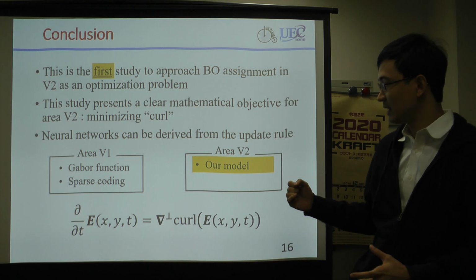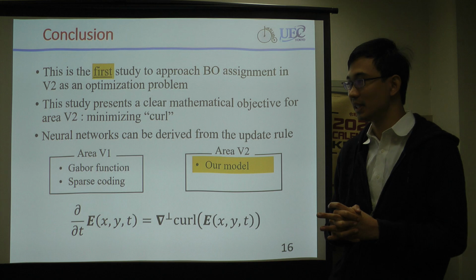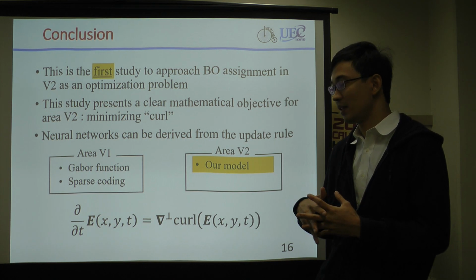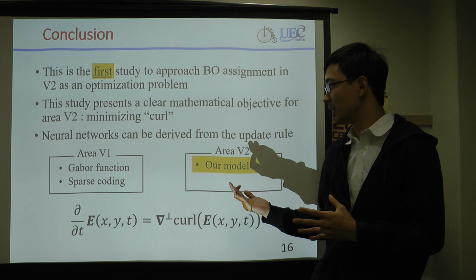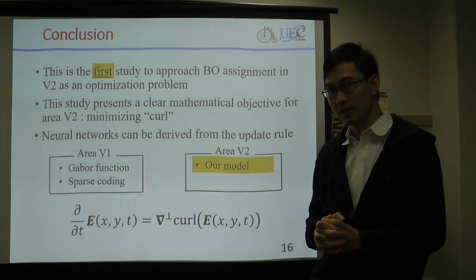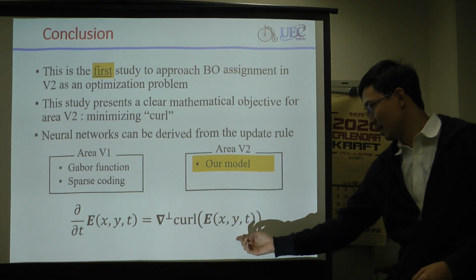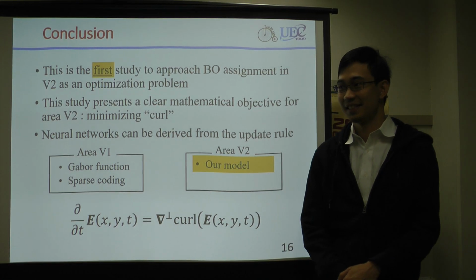The advantage is that our model presents a clear mathematical objective for Area V2, which is minimizing curl. And we've also demonstrated that neural networks can be derived from this update model. I'll leave you with this simple update rule. Thank you very much.